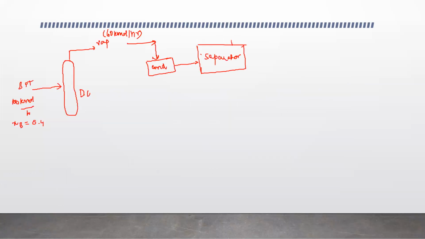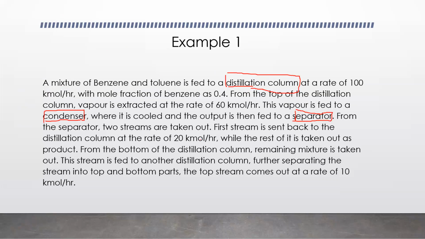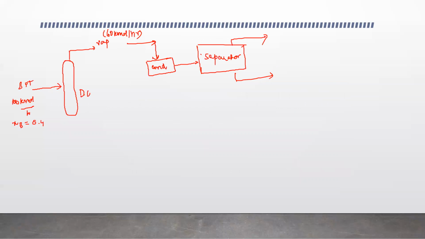So we are going to take 2 streams out of the separator, stream 1, stream 2. The first stream is sent back to the distillation column at the rate of 20 kilomole per hour, while the rest of it is taken out as product. So this first stream, we are going to send back to the distillation column.